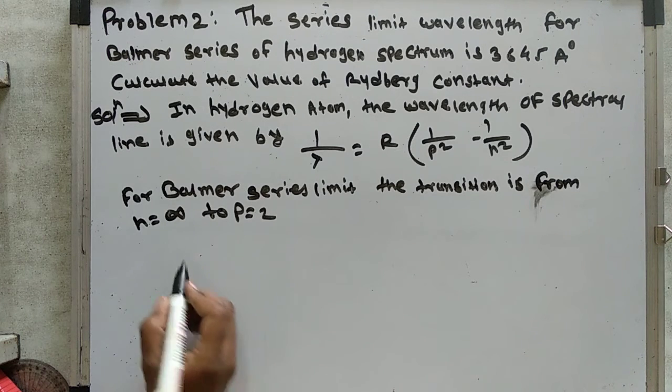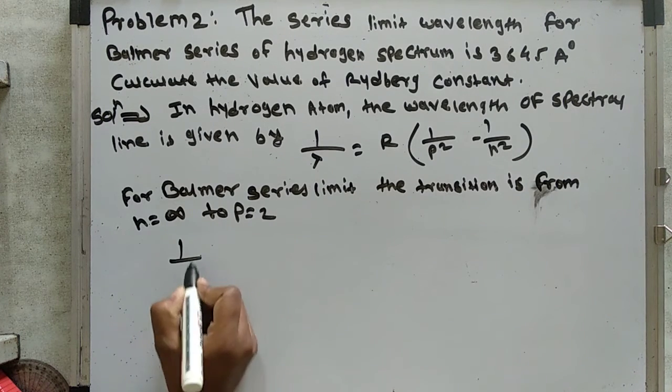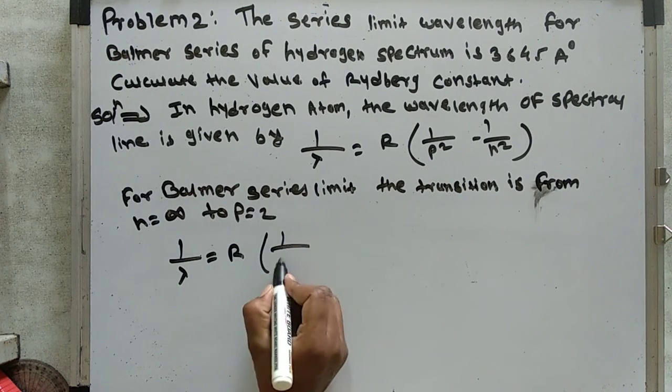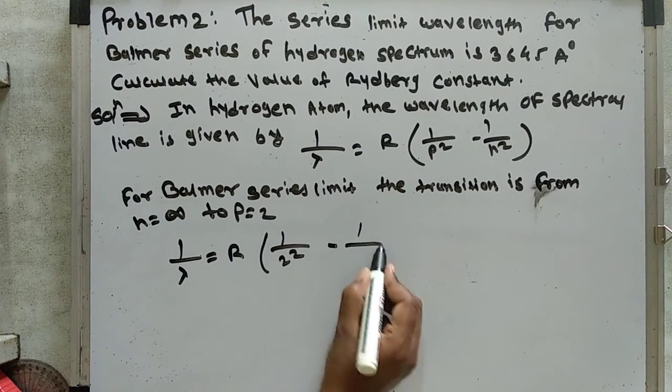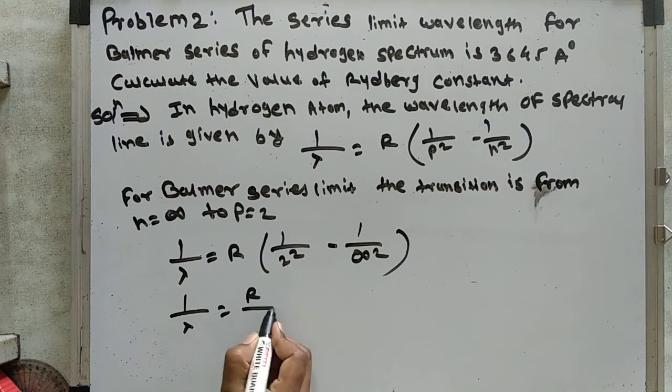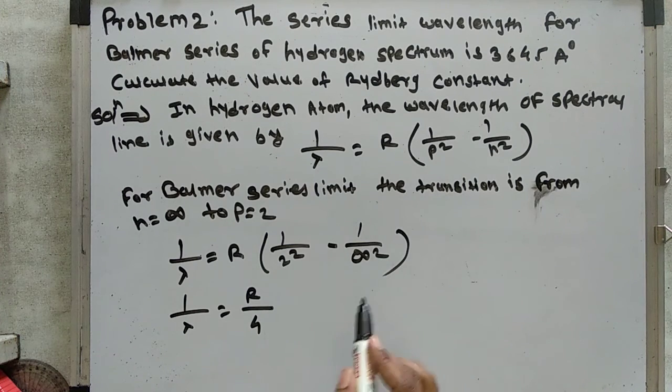Therefore, the wavelength is given by 1 upon lambda is equals to R into 1 upon 2 square minus 1 upon infinity square. Solve this. 1 upon lambda is equals to R upon 4 because 1 upon infinity is 0.